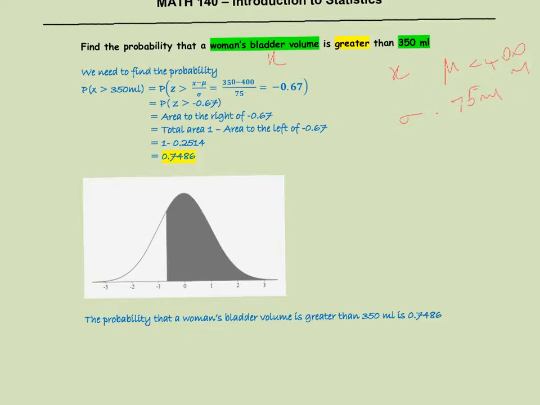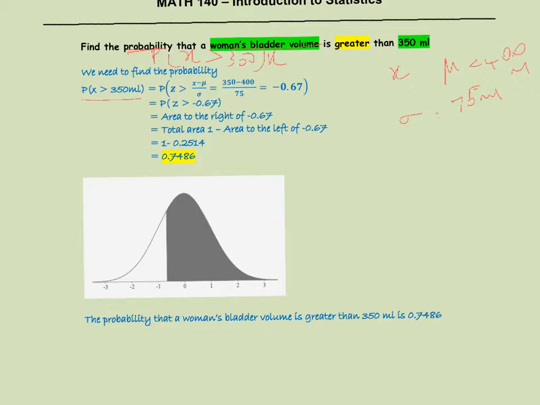Now we're trying to find the probability, so that's P that a woman's bladder volume, which is X, is greater than 350 milliliters. So that's what we're trying to figure out. So the probability that X is greater than 350 ml.